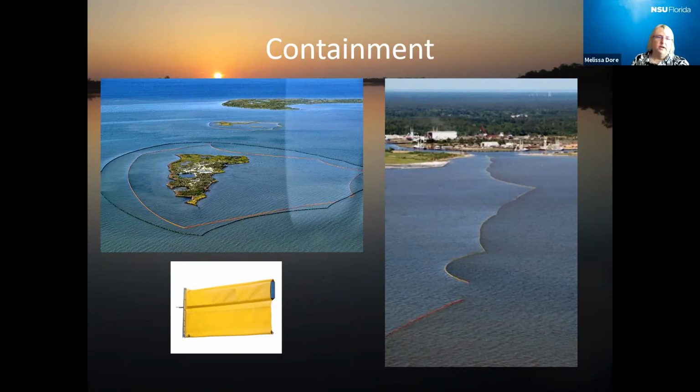And for the oil spill, they actually deployed over 300,000 feet of this, and it was used primarily to protect the Mississippi River Delta and some of their coastlines and wetlands around there. But if it has any kind of chop, it won't work because the chop will just push the oil right over the top of the booms. So if you see a lot of oil spills, you'll see these.